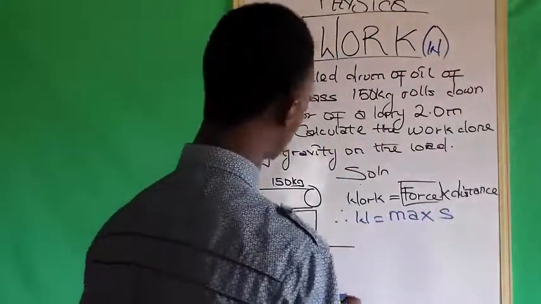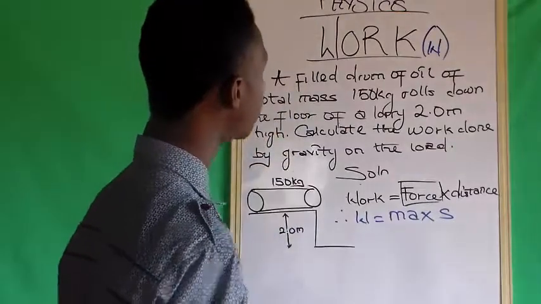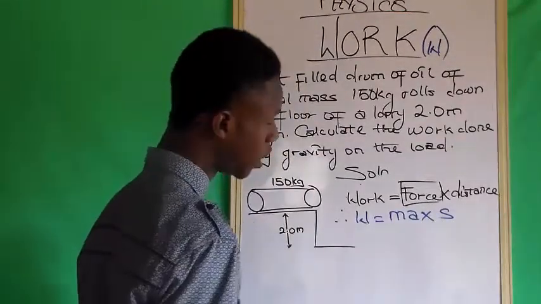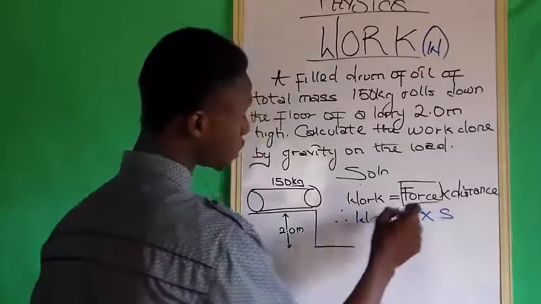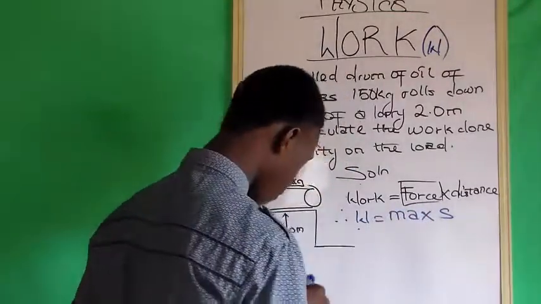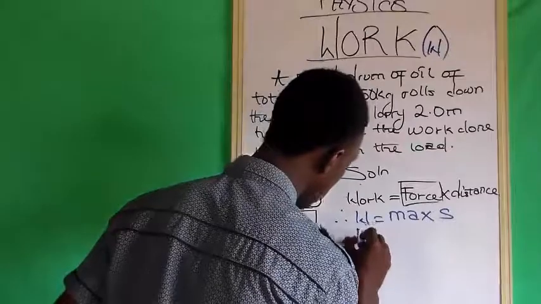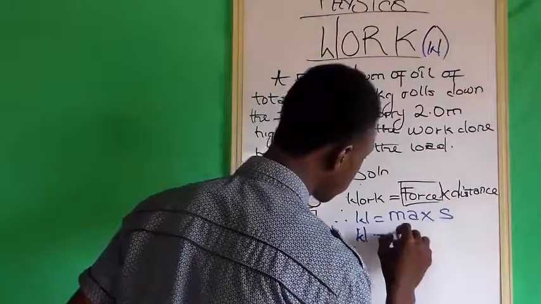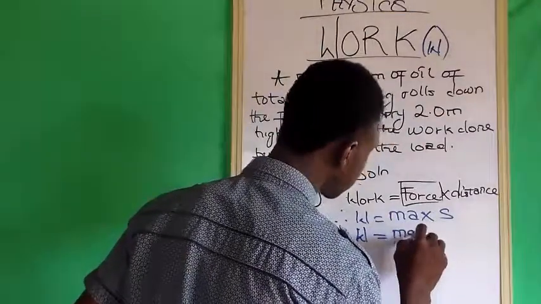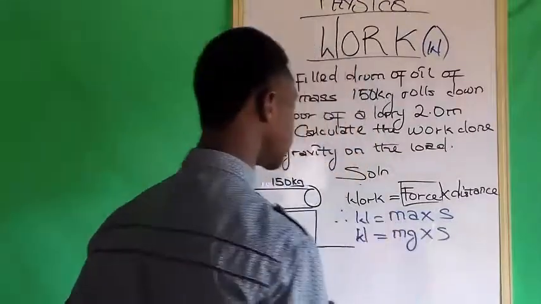Now we are asked to find work done by gravity and not by acceleration, so our work will be equal to mass times gravity multiplied by the distance.